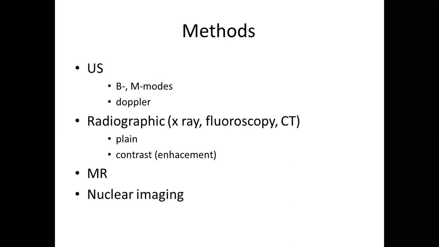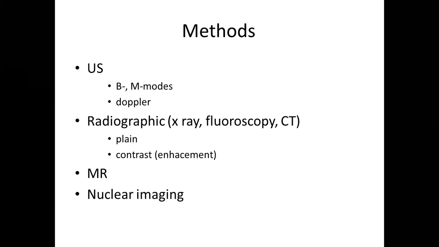These may be radiographies, like static images, fluoroscopy, the dynamic one, and CT scan, since it uses X-rays as the beams. We can use it in two subtypes: plain, and with some enhancement.